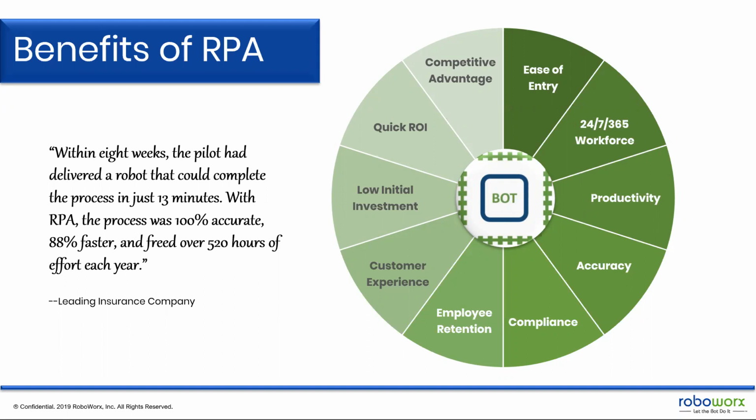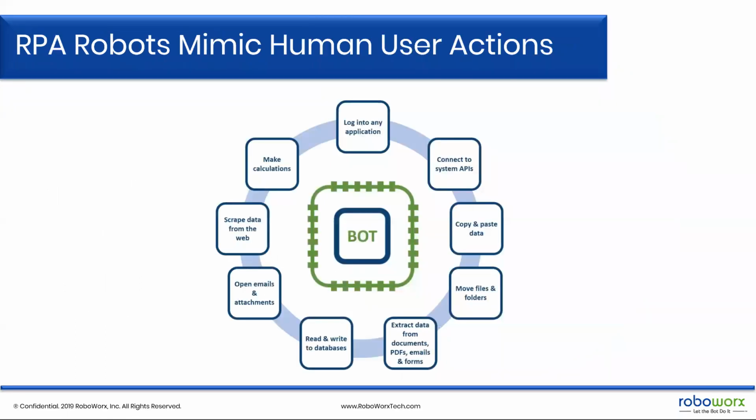Very easy to calculate the ROI, and I'm going to show you that in an upcoming slide. And then there's competitive advantage. Obviously, if you've got higher productivity, more accuracy, you're compliant, and you've got happy customers, and ROI, that's going to give you a competitive advantage. So those are the benefits of RPA.